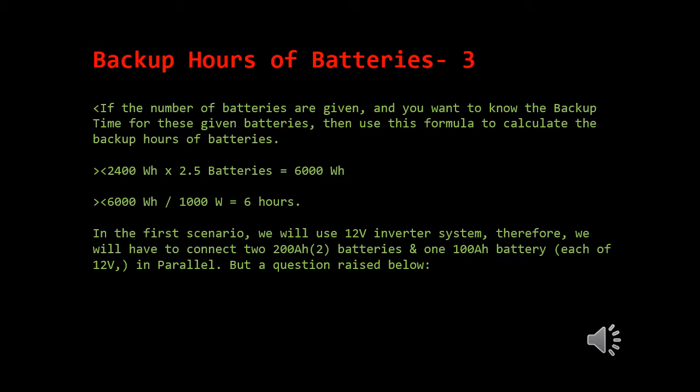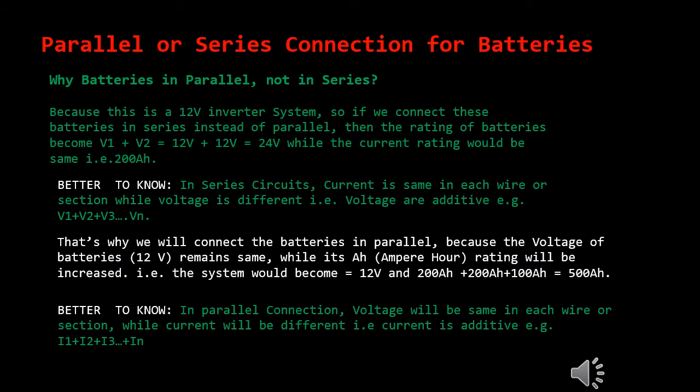Now, here is the question: parallel or series connection for the batteries? Why batteries in parallel, not in series? Because this is a 12 volt inverter system. If we connect these batteries in series instead of parallel, then the rating will become V1 plus V2, which is 12 plus 12, which is 24 volts.